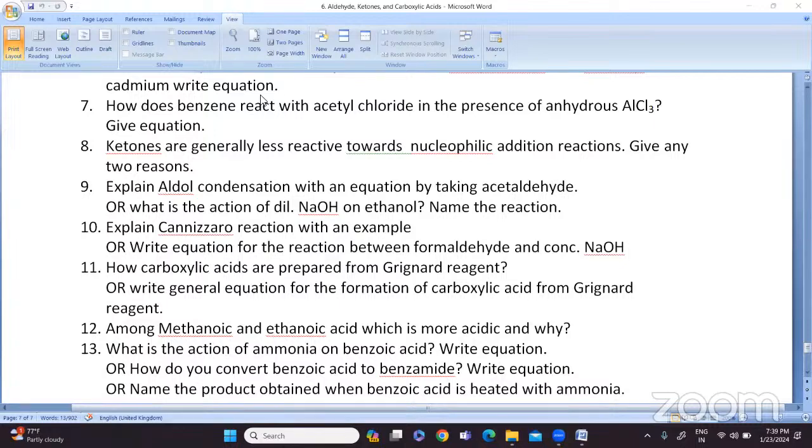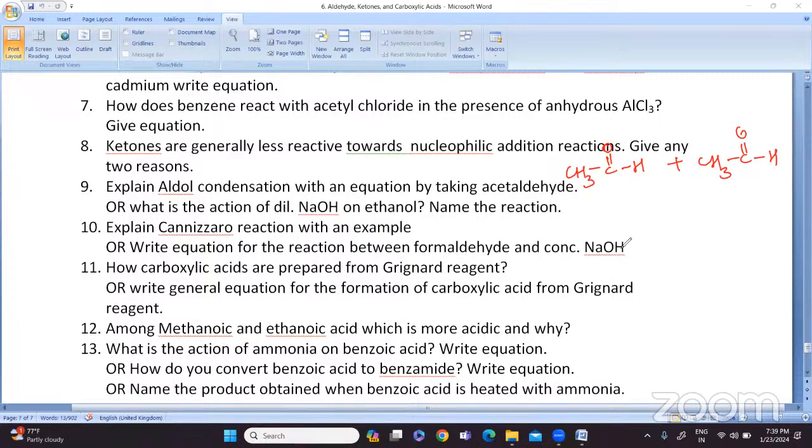For aldol condensation, the same molecule undergoes self-condensation, so two of the same aldehydes will be taken. So I take two molecules of acetaldehyde.